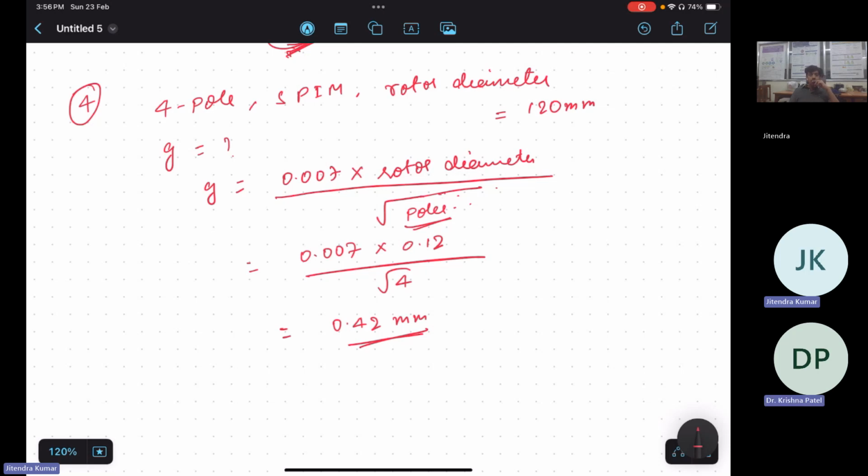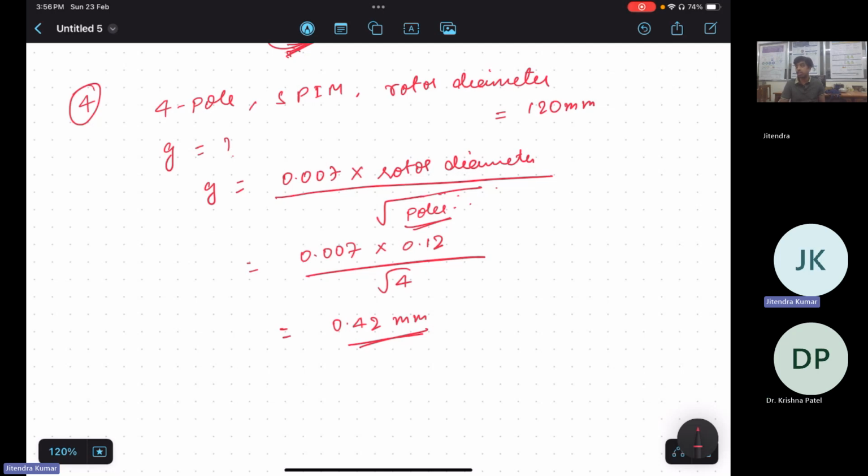L by D is given. For just to give an idea, I can directly say D square L you can calculate. So from there the sixth part you can calculate, isn't it? Because Di by Do is given, and Di you can calculate based on the D square L equation.